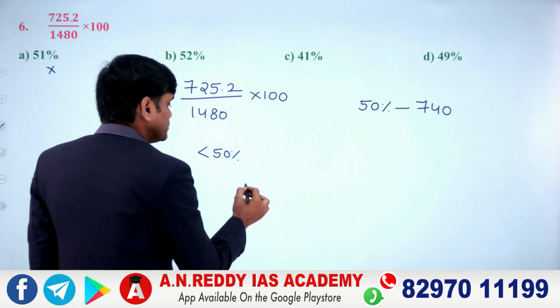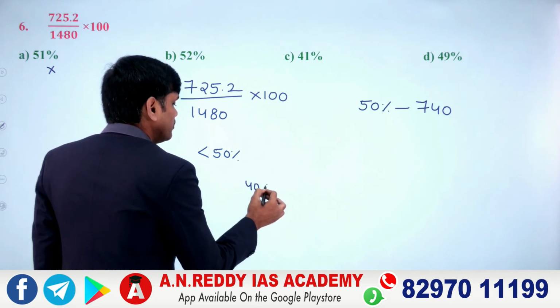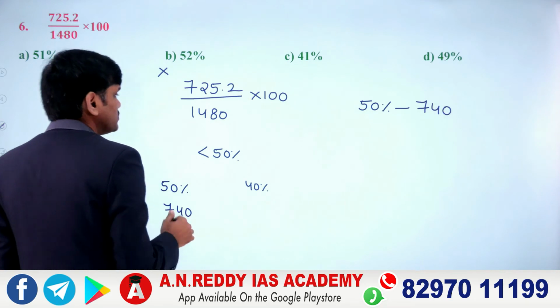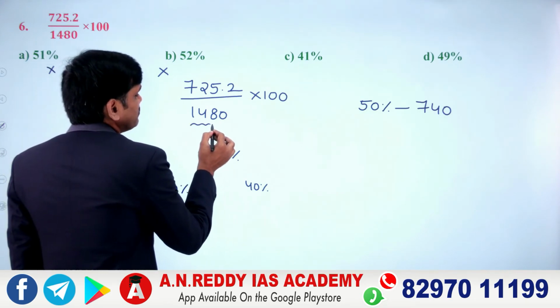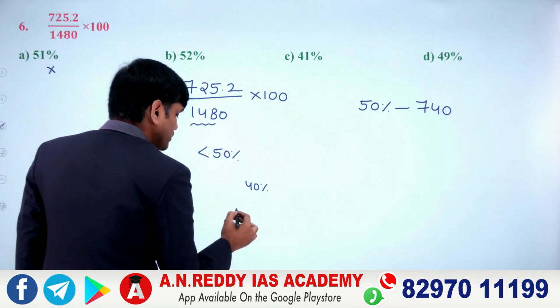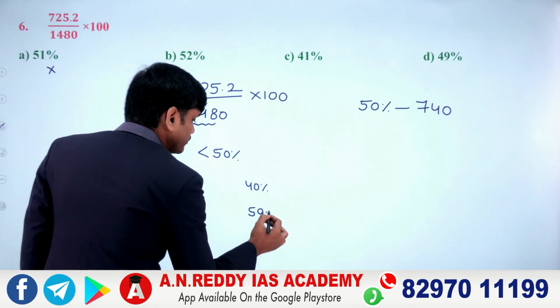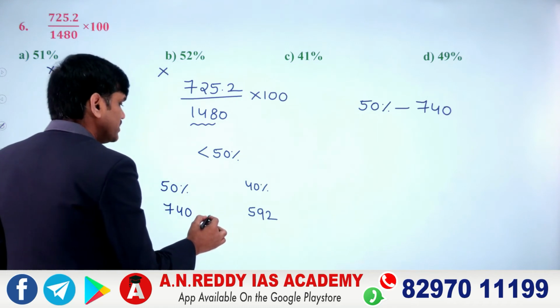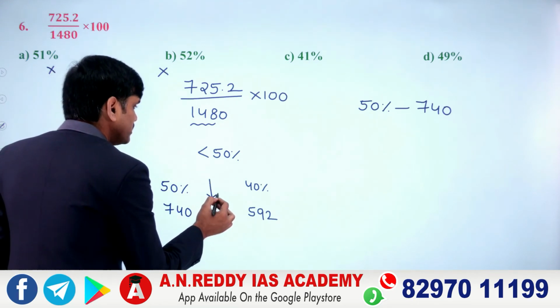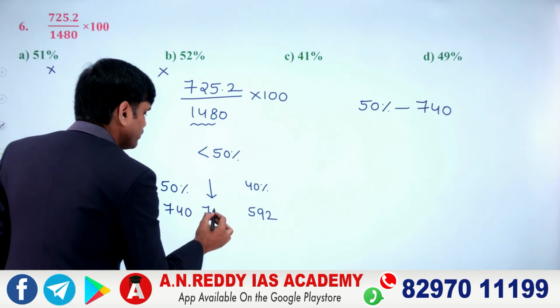After removing 10%, 40% will be how much? From 740, just remove 10%. 10% is 148. That will give you how much? If you remove 148, that will give you 592. What is your target? 725.2.